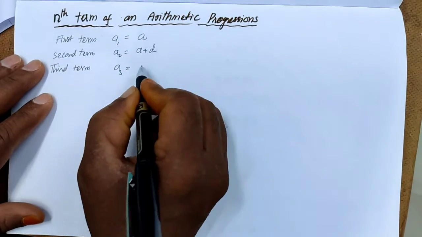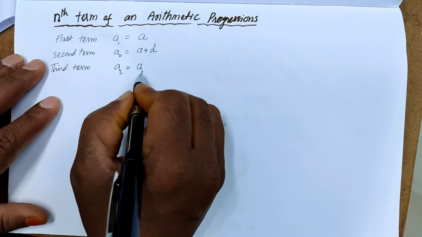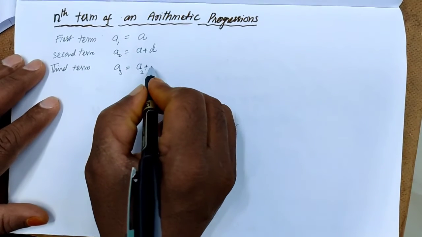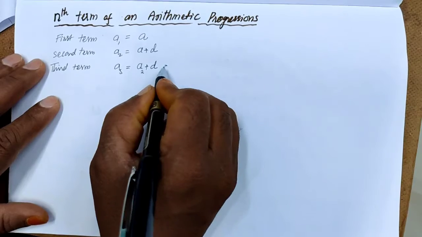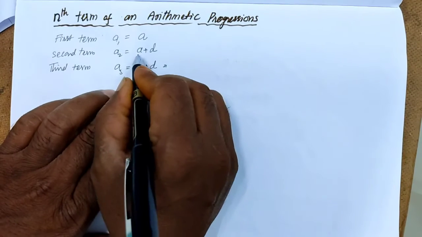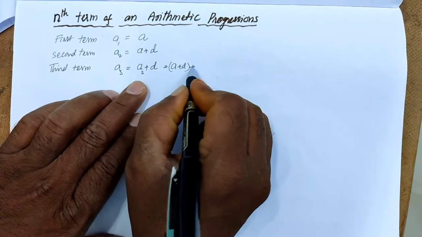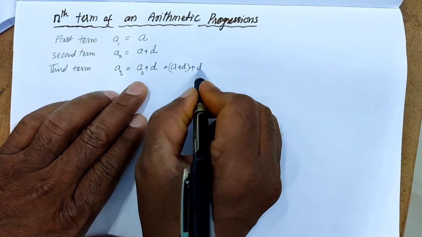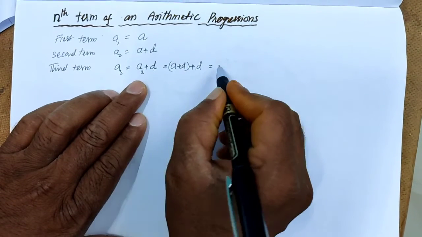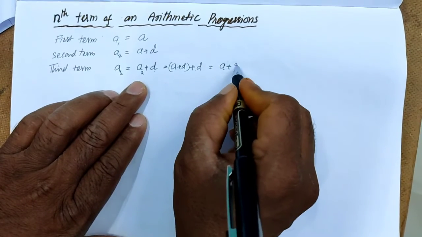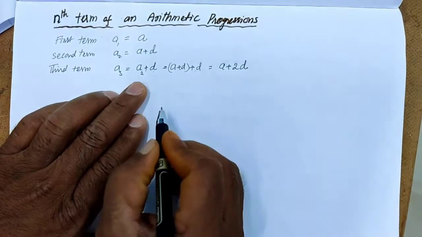a3 is equal to second term plus common difference. So what is the second term? This is the second term, a plus d, and this is the common difference, which is equal to a plus 2d.